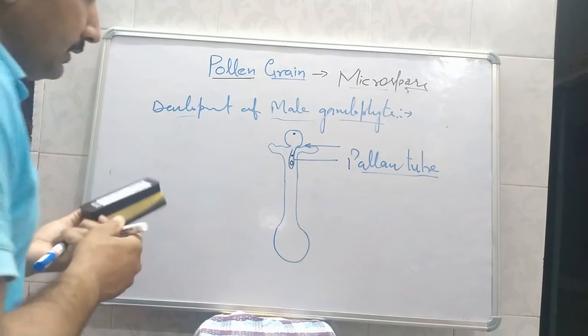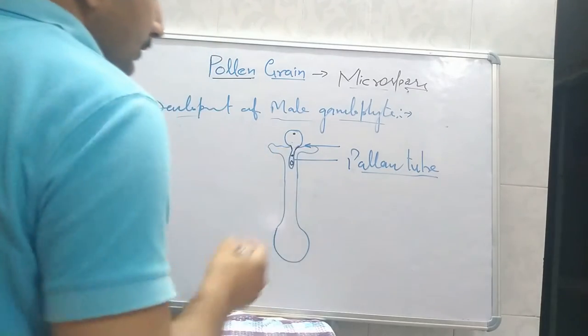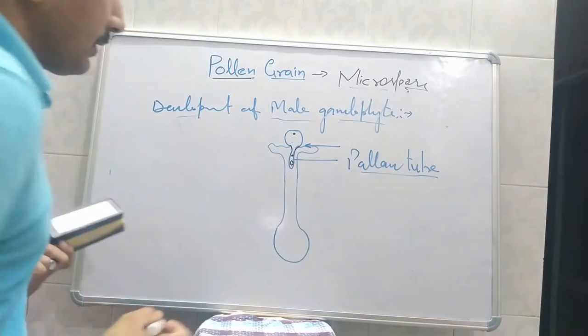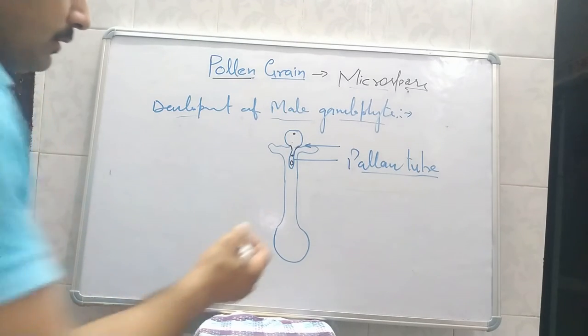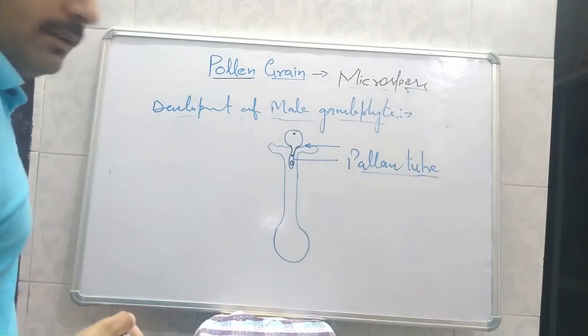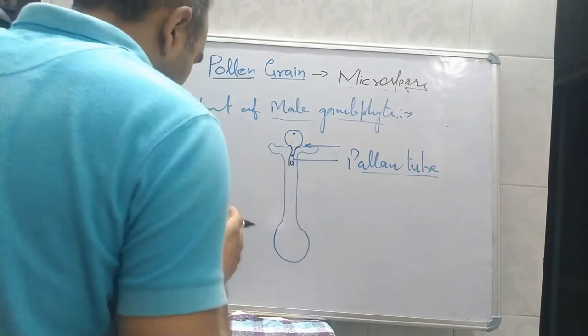And in this way, the pollen tube, by continuously absorbing the nutrients from the style or stigma by dissolving the cells of the style of this pistil, grows towards the ovule.